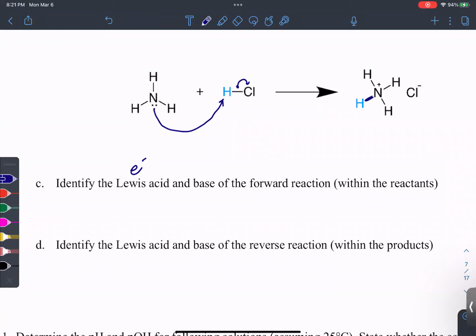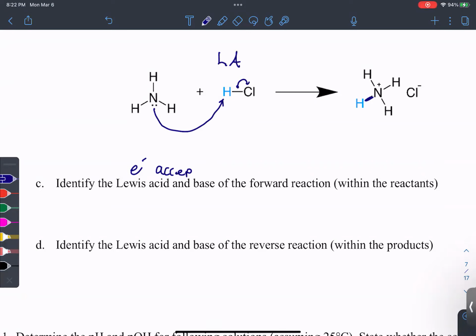An electron acceptor. Based upon this picture, the blue arrow is the movement of electrons. What is accepting the electrons? The hydrogen in the HCl. So this is my Lewis acid.